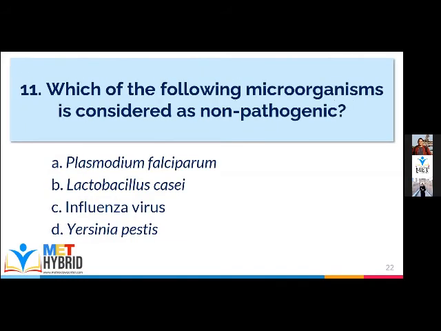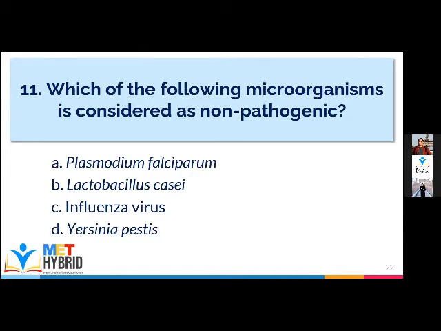Number 11. Which of the following microorganisms is considered as non-pathogenic? A, Plasmodium falciparum, B, Lactobacillus casei, C, influenza virus, D, Yersinia pestis. What do you think is the answer? Oh, okay. So, lahat na naman ay correct.